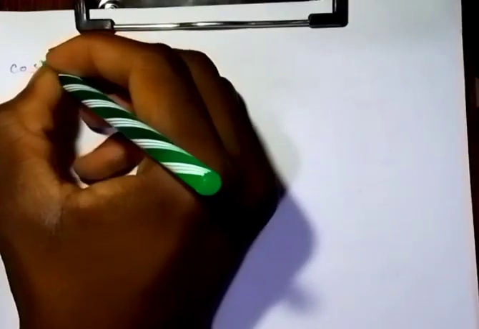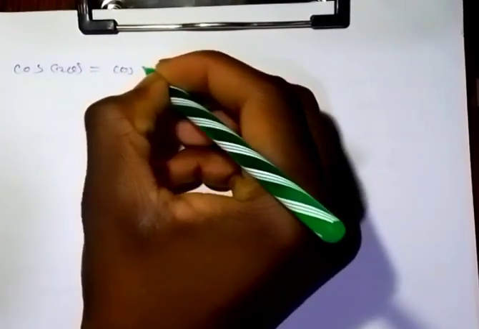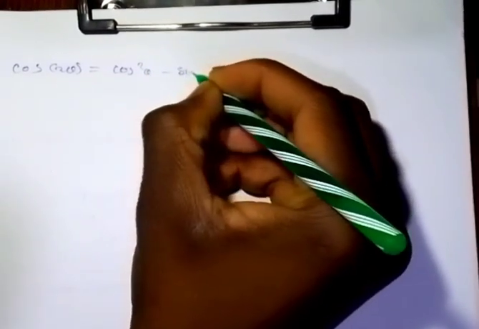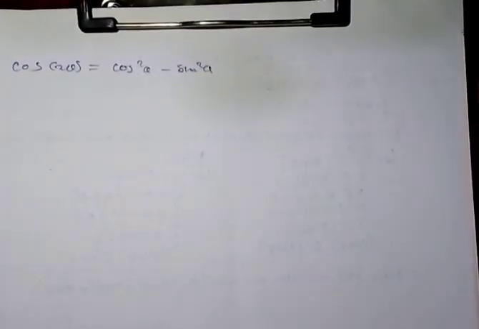Cos 2 theta is equal to cos square theta minus sine square theta. Then from here we can also say sine square theta is also equal to 1 minus cos square theta.